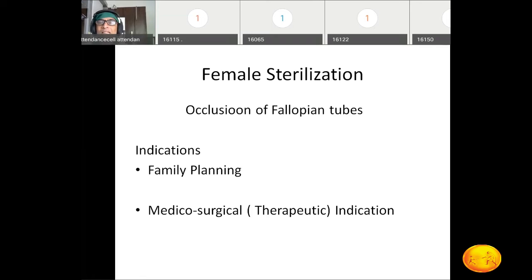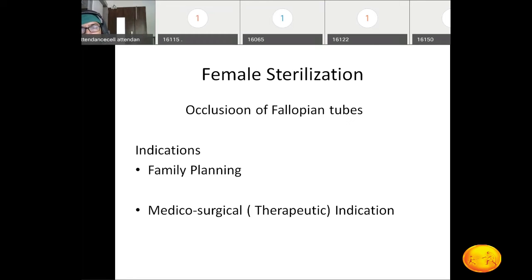So when female sterilization is carried out, what are the indications? Like, what is the family planning? That is, voluntarily the couple is asking for family planning surgery. Another one is the medico surgical or a therapeutic indication.